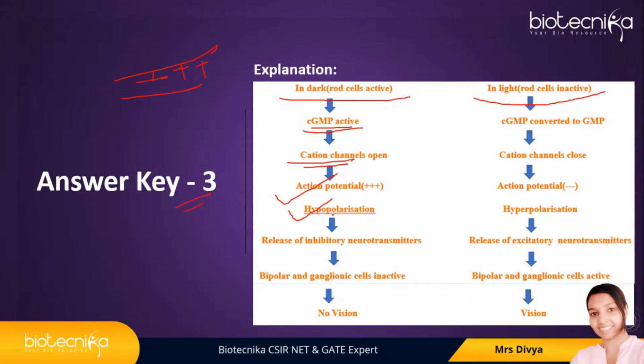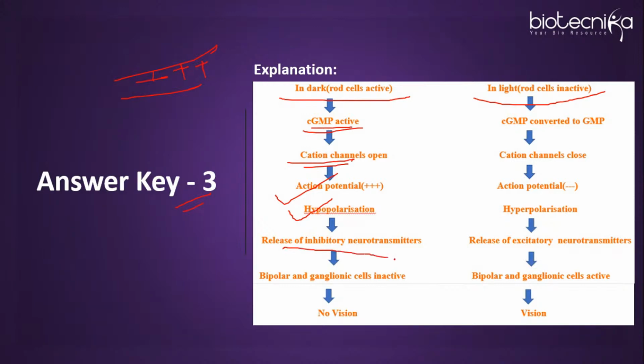Ultimately, resulting in what? Release of inhibitory neurotransmitters. Can anyone give me an example of an inhibitory neurotransmitter? Inhibitory neurotransmitter, I am asking, Rimjim.